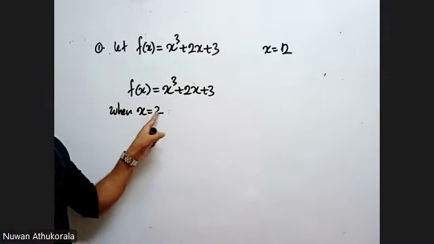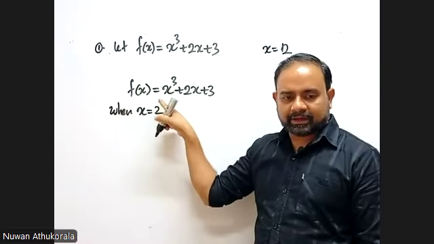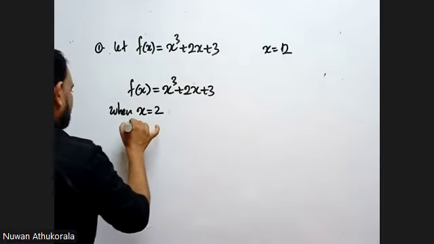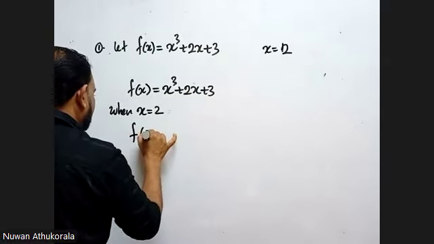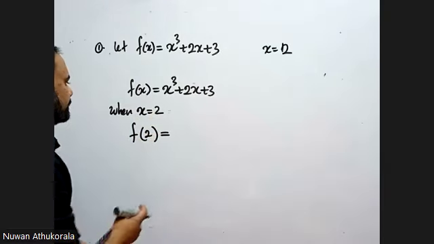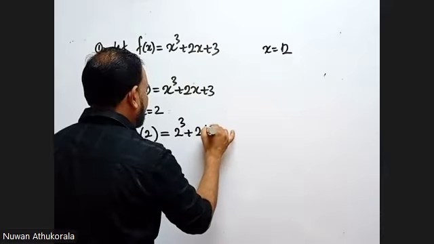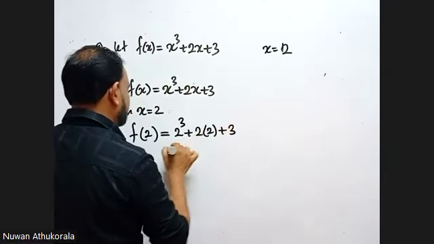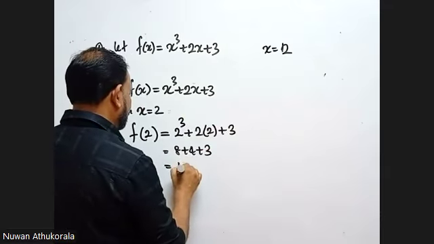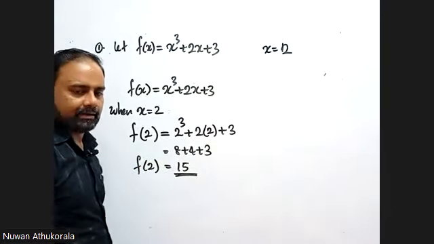After substituting x equal to 2, don't write fx again. fx becomes f2 because the variable of this function is 2. x cube becomes 2 cube, 2x becomes 2 multiplied by 2, plus 3. 8 plus 4 plus 3. Answer is 15. f2 equals 15, right?